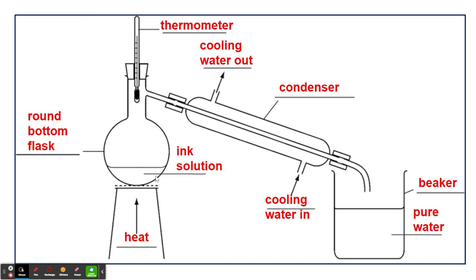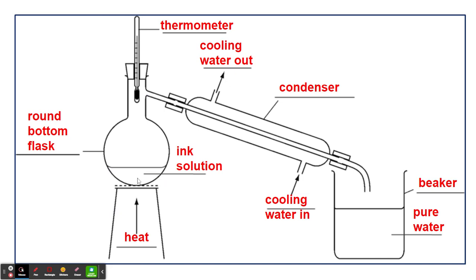So what that means is if you've got water in here, the water, as we said on the previous slide, will turn into a gas at 100 degrees. The ink will have a slightly higher boiling point. So if we heat this up to, say, 110 degrees, for example, the water will evaporate so it will turn into a gas, but the ink will remain in this round bottom flask. So that's the first step.